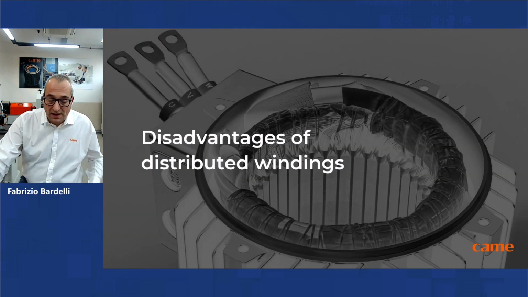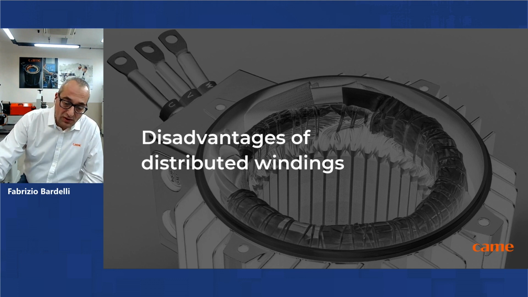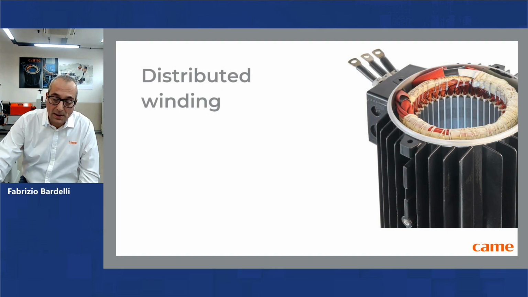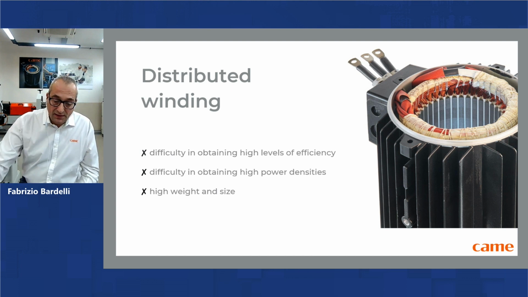Actually, there are not only advantages to the distributed windings, but also disadvantages. Again, I have a list of the main disadvantages of this solution. The first one is the difficulty in obtaining high levels of efficiency.